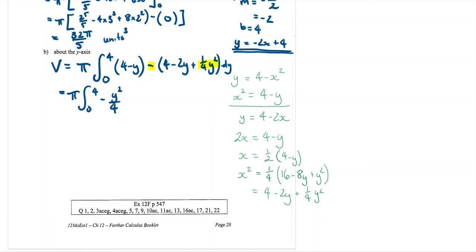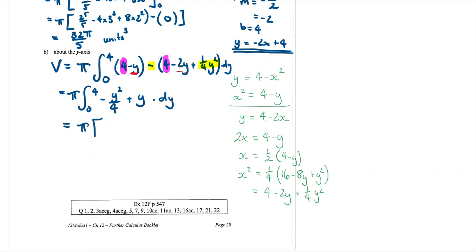Then the y terms, I have got negative 1 here, and then minus minus would be a plus 2y, would make a positive y. And for the constants, I have got 4 minus 4, so they're going to disappear. So that's dy. So I'm down to just 2 terms.